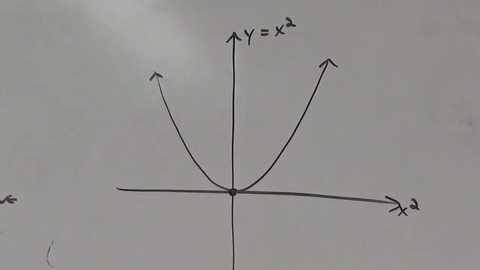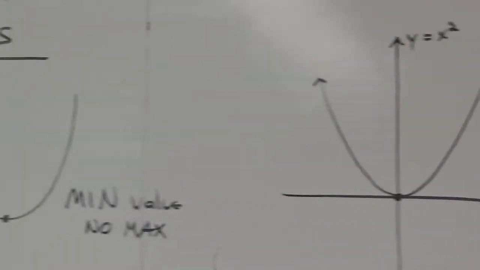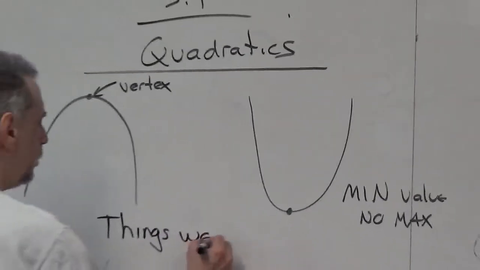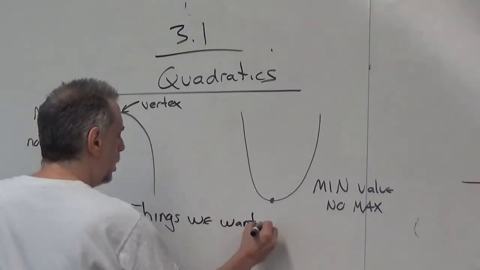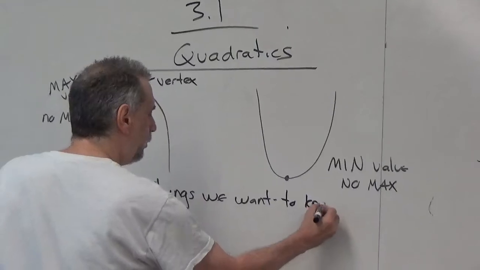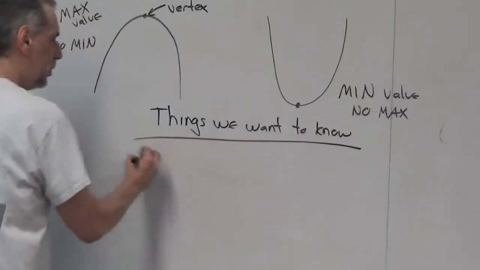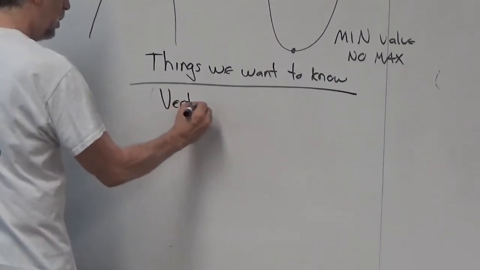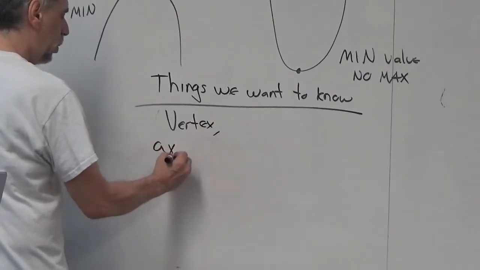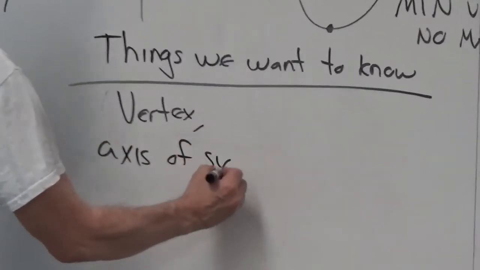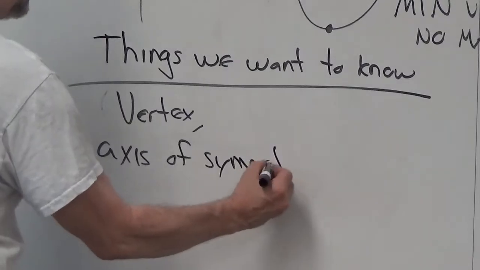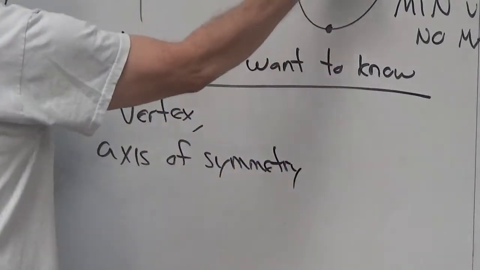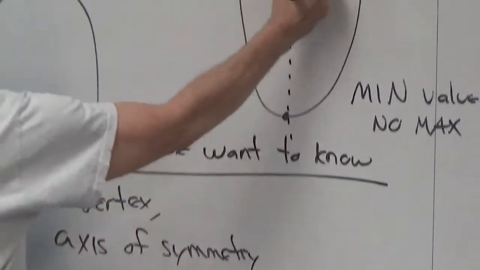The things we want to know about quadratics: Where is the vertex? Where is what we call the axis of symmetry? The axis of symmetry is just the line that goes through the vertex. Right?